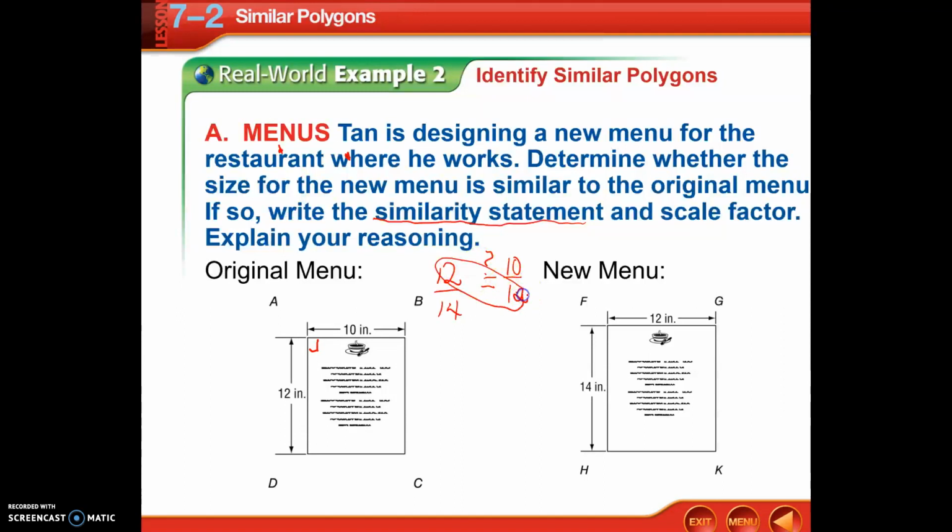So we're going to cross multiply. We get 144 when we do 12 times 12, and we're checking to see if that equals 14 times 10, 140. And it doesn't, so these are not similar because the sides aren't proportional.